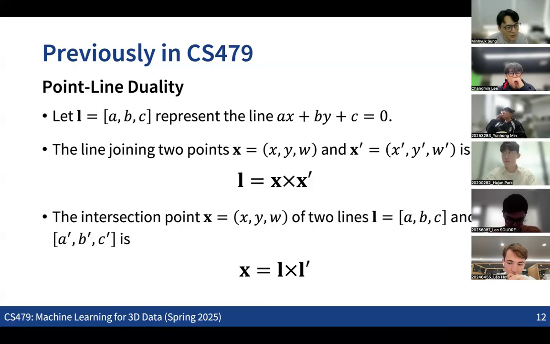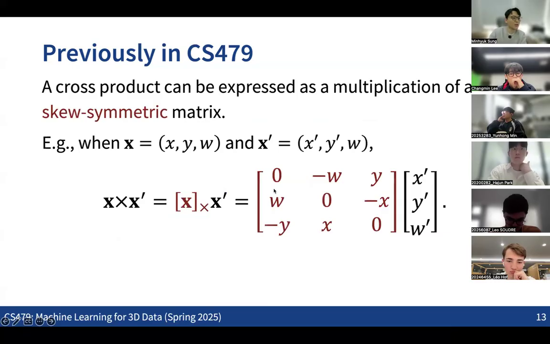And also what we have seen last time is that taking the cross product of three-dimensional vectors can be done by defining the skew symmetric matrix in this way.